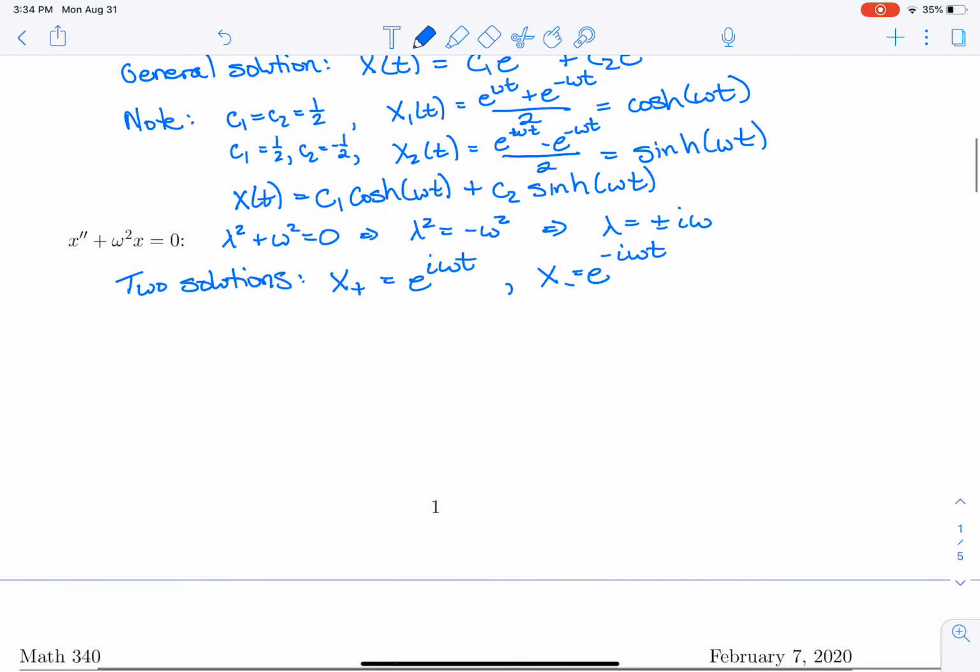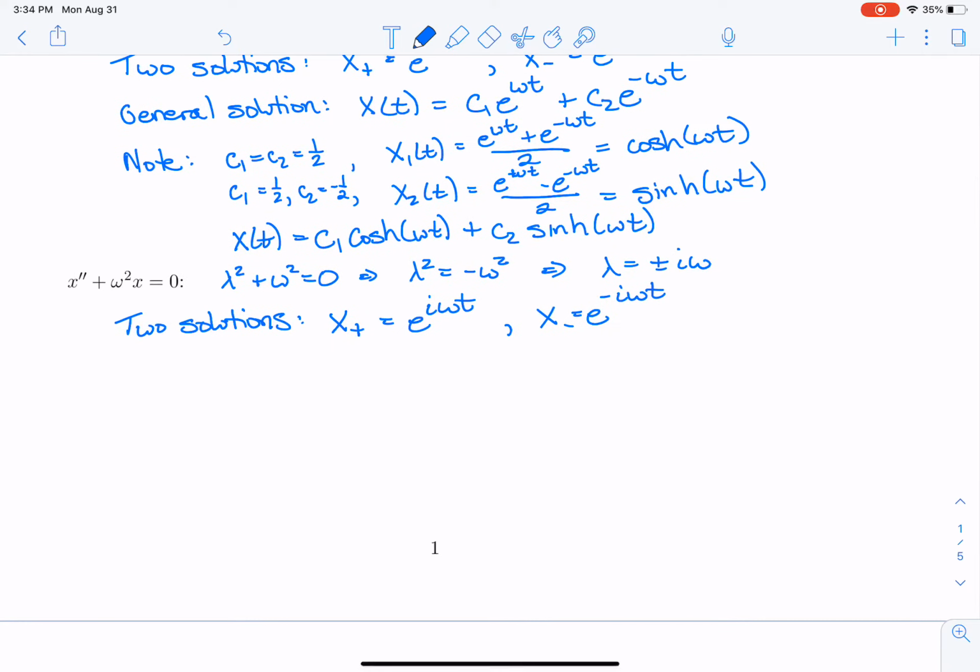That just doesn't quite make sense. Well, why don't we do the same thing that we did before? Why don't we take linear combinations of the solutions and see if we can get something that's real?